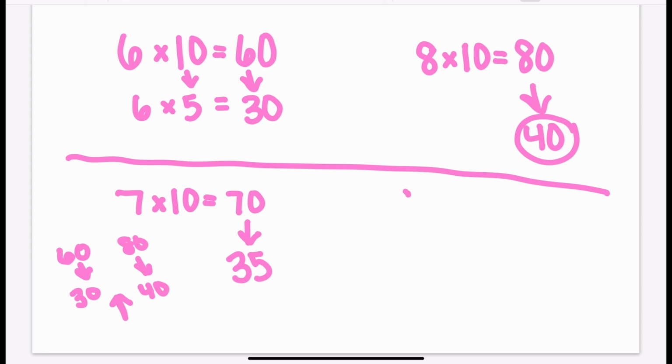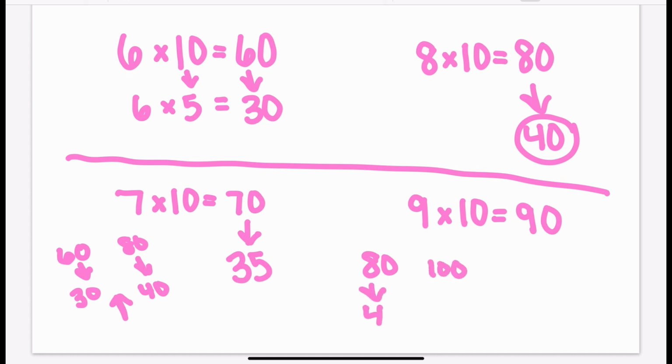Okay, so let's look at that with 9. 9 times 10, we know that that would be 90. What we're going to do is think about, okay, I know that the 10 before it is 80, and the 10 after it is 100. Half of this is 40, half of this is 50, so I know that this must rest in between at 45.